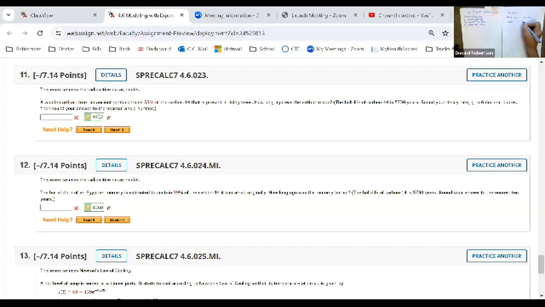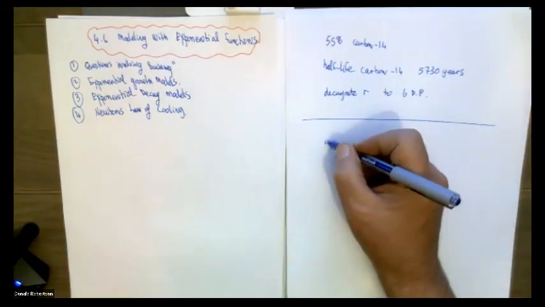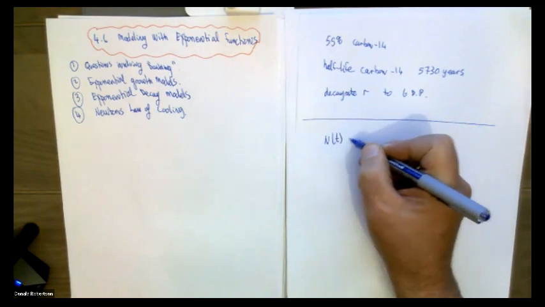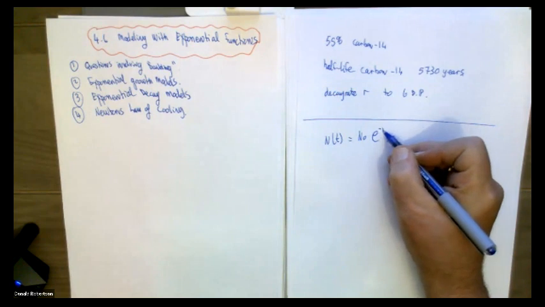Wow, 6 decimal places. Let's see how that works then. Well, we know the model: N of t is equal to N naught e to the negative rt.